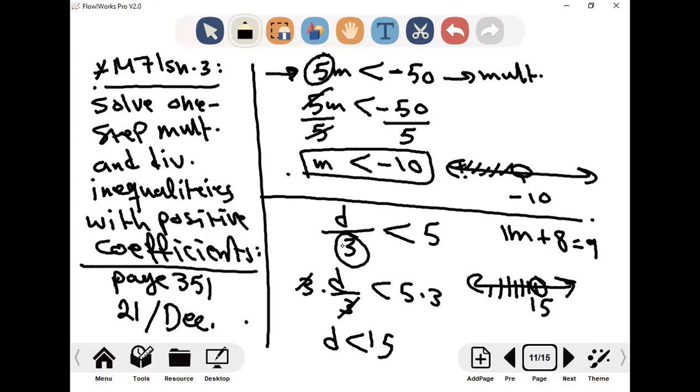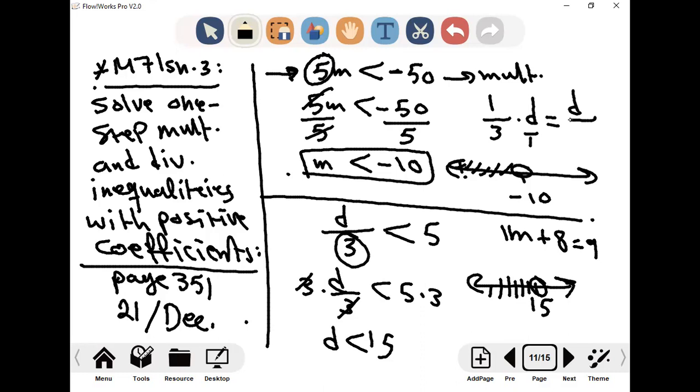1 over 3 is the coefficient. Not 3. Look at the board. Why 1 over 3? 1 over 3 multiply d. Check multiplication of fractions. 1 multiply d is 1d. But what do we say? 1d is d.